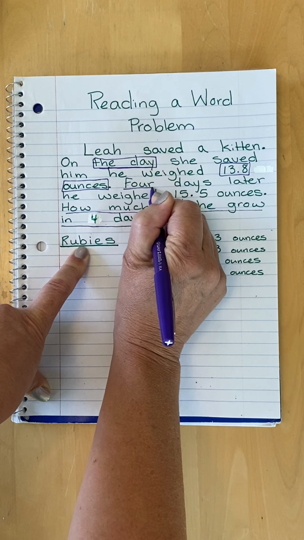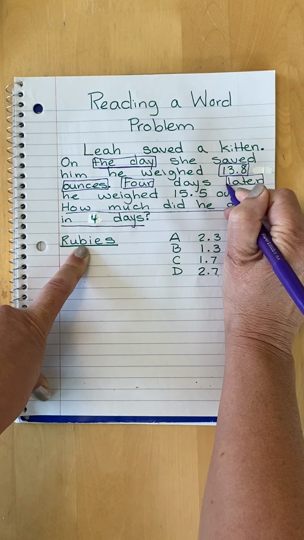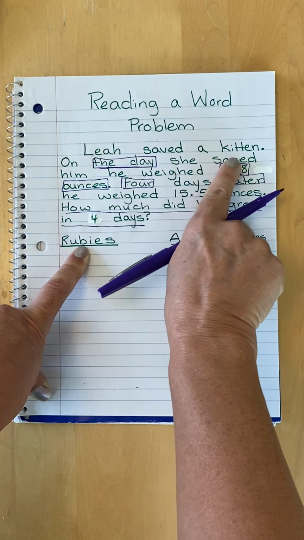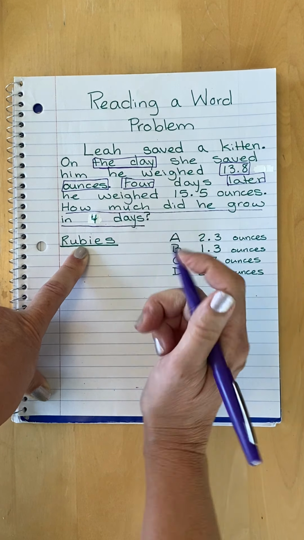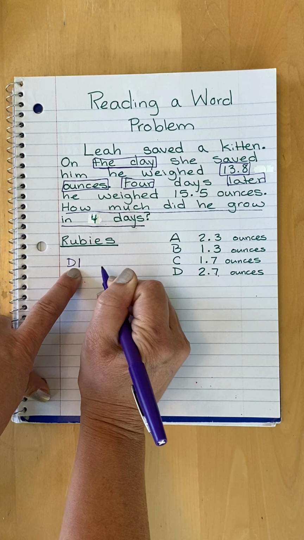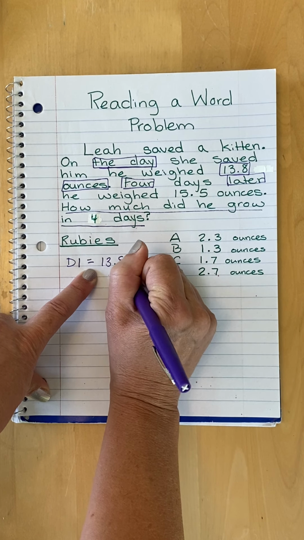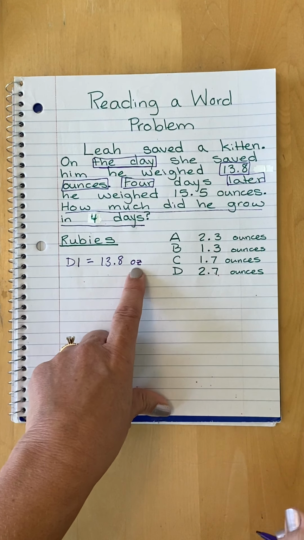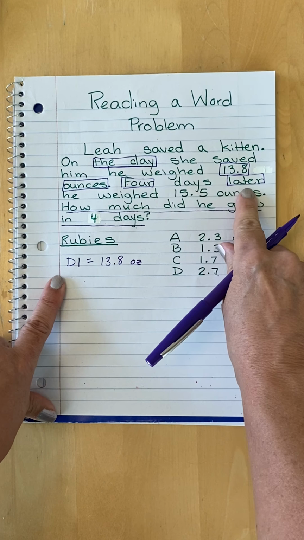Now, 4 days later is important. So, but I'm not ready for this. I need to take notes on this first sentence because now I feel overwhelmed that I'm getting more information. So I'm going to take notes and say D for day 1 equals 13 and 8/10, and I'm going to abbreviate ounces and write OZ. 4 days later.